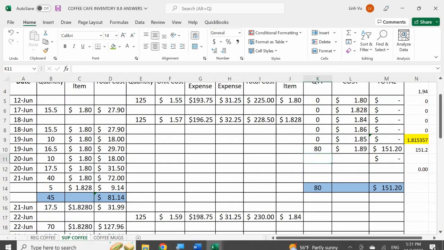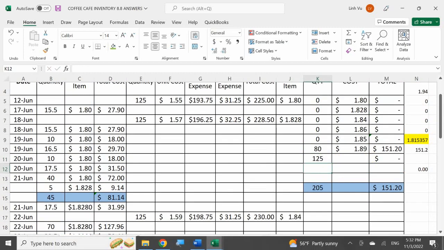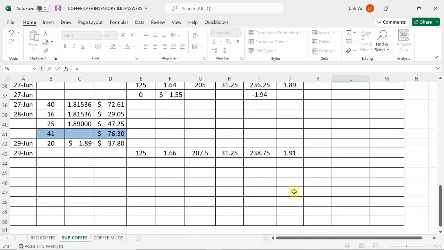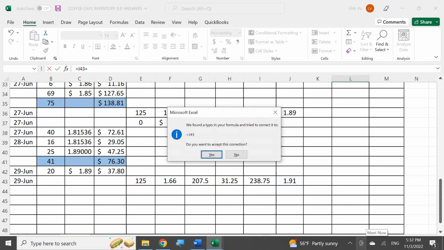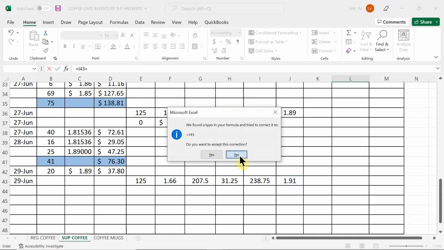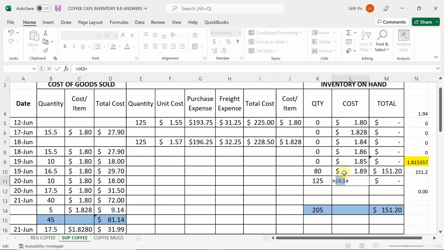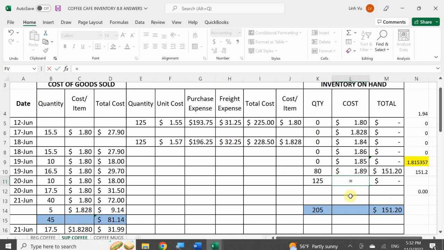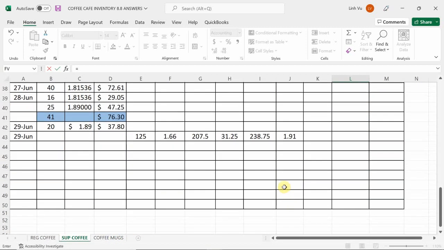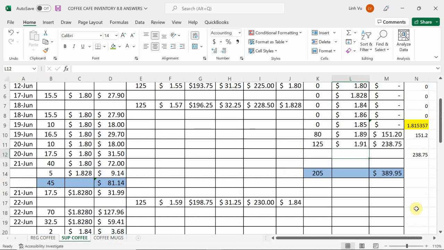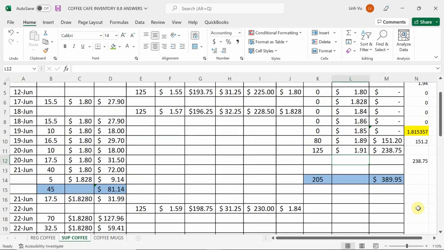Okay, so plug it in. 125 for $1.91, right, will give you that $238.75.